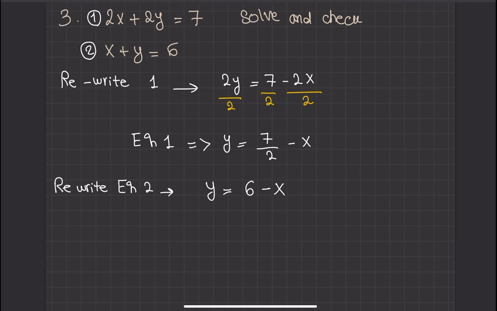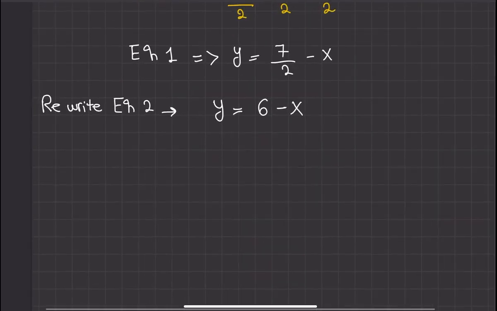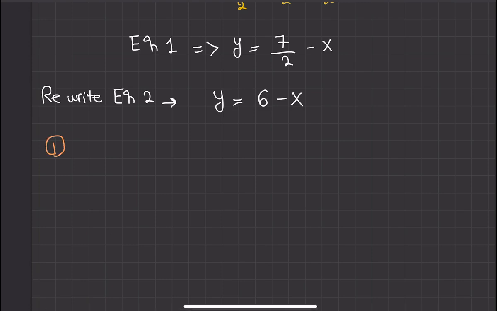So not to get confused, I'm going to write down both of the equations for you guys to know what I'm trying to solve for. So for equation 1, I have y equals 7 divided by 2 minus x. And for equation 2, I have y equals 6 minus x. Simple. Now we're going to go solve for it.